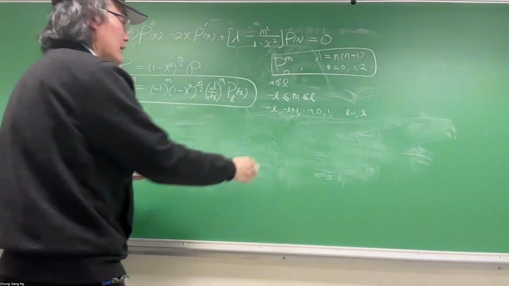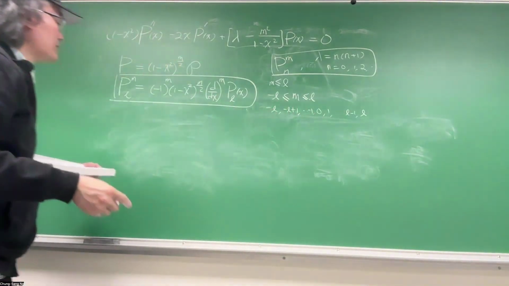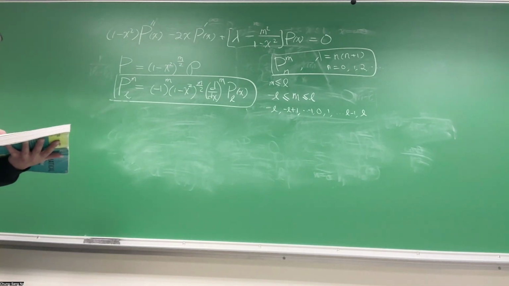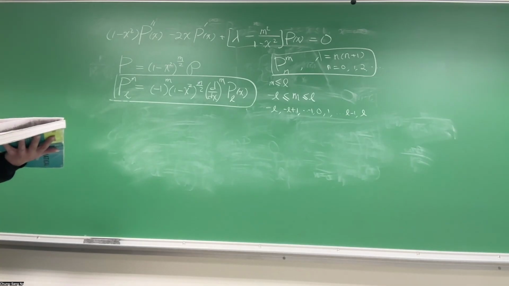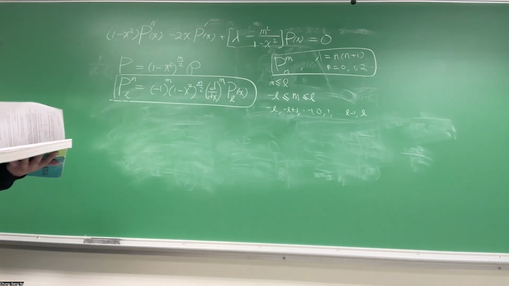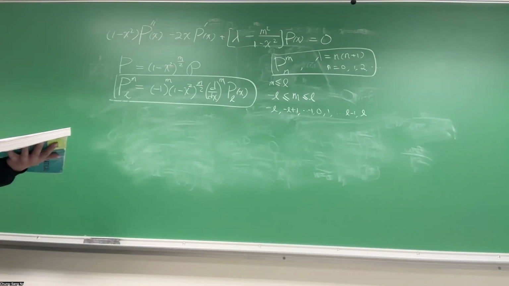Okay, and now in order to extend all these negative values, we use the Rodrigues formula, and the Rodrigues formula has a normalization. You go back to the definition of the Rodrigues formula for the Legendre polynomial.